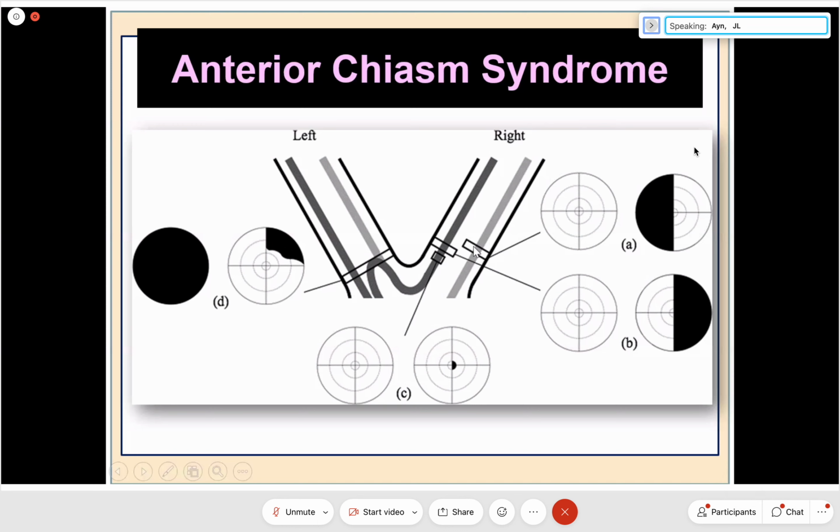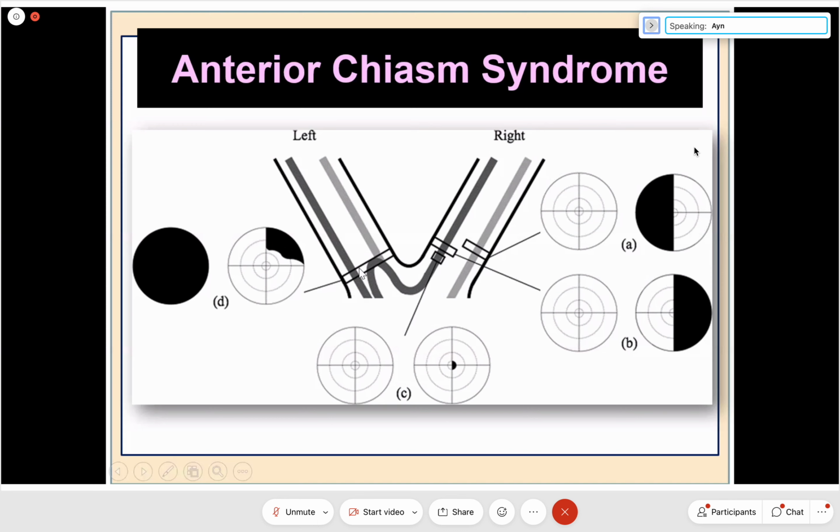If the temporal fibers are affected, the patient will get a nasal visual field defect for A. For B, if nasal fibers are affected here before decussation, the patient will get temporal visual field loss. If, let's say, only the macula fibers are involved before they decussate posteriorly, the patient may have a visual field defect at the macula side.